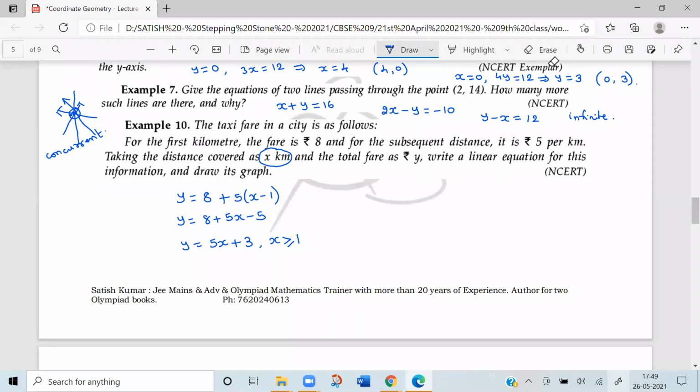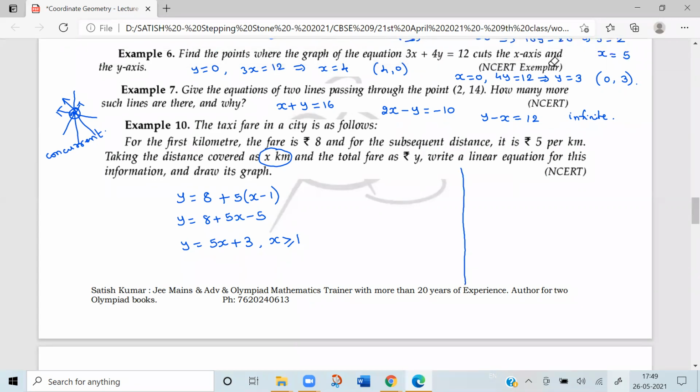Now, plot this graph. So when x equal to 1, you can make a tabular form also. When x equal to 1, y is 8.